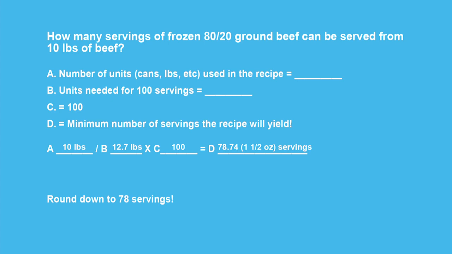So 10 divided by 12.7, which is the amount per 100 portions times 100, equals 78.74 portions. But in order to make sure that you have sufficient crediting, you should always round down the number of portions, which would be 78 for this recipe.